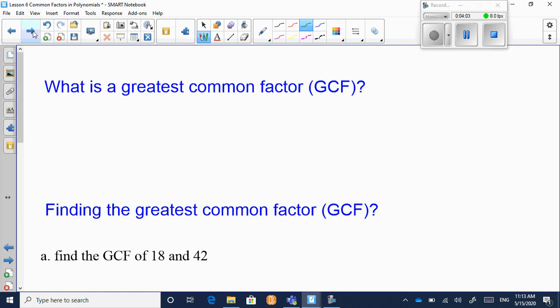First of all, this idea of the greatest common factor. You've probably seen this before or heard about it before. So what is the greatest common factor?